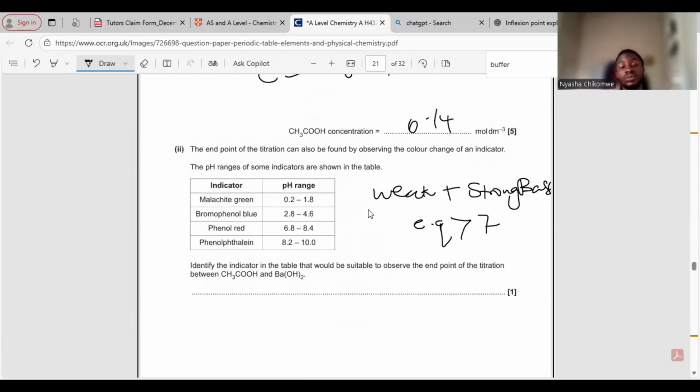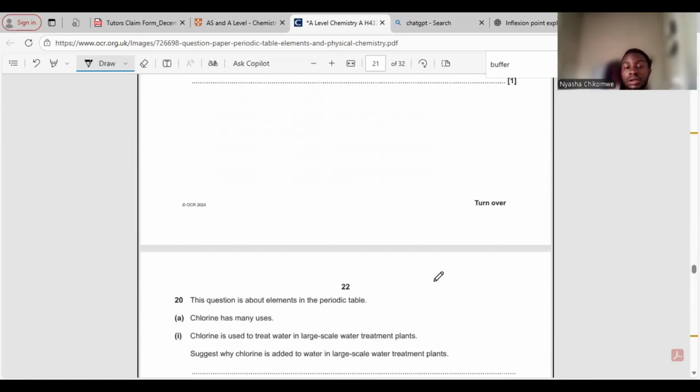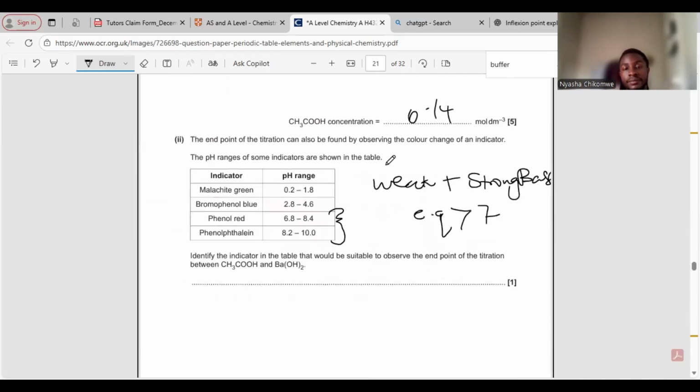Looking at this table, you can see that two indicators have ranges which go above 7. So phenol red and phenolphthalein can both be used to show the endpoint of this reaction, the last two.